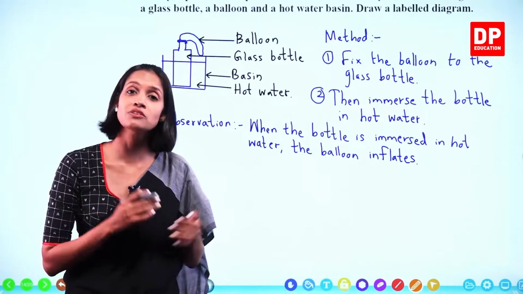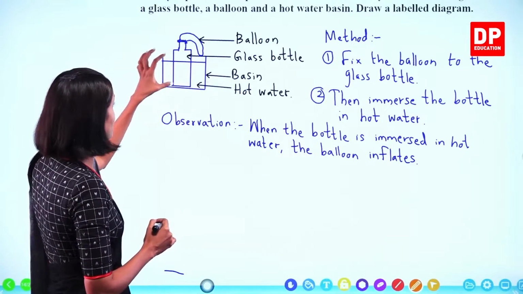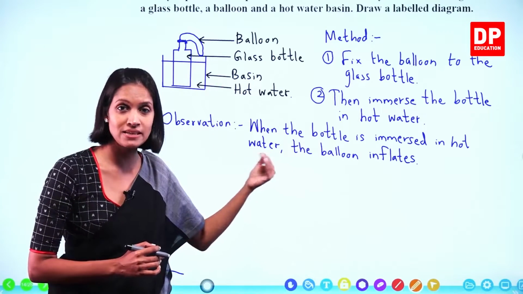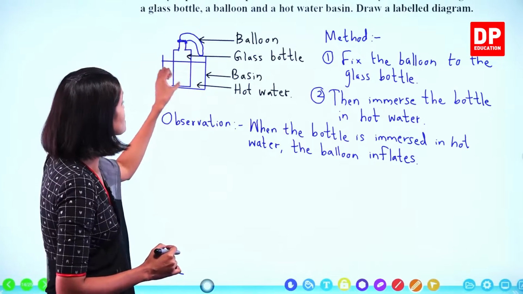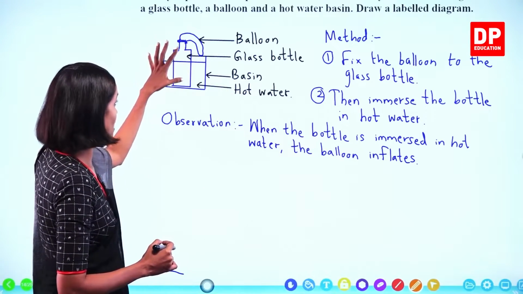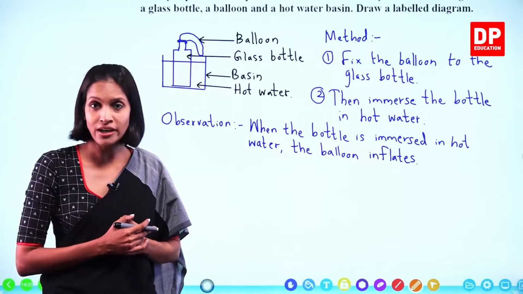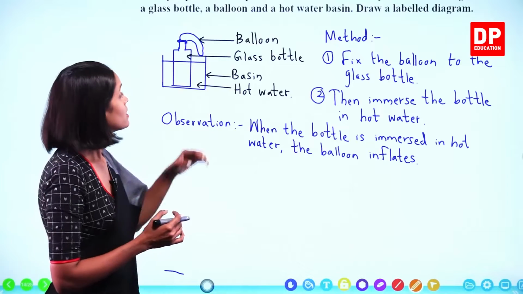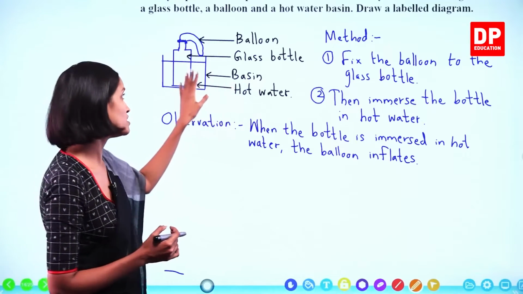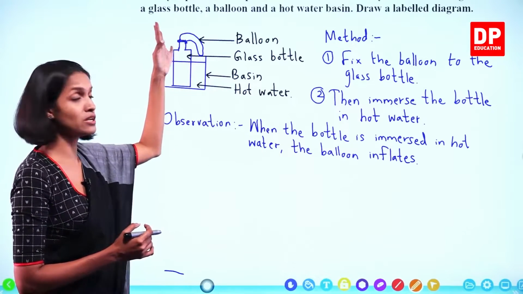This increased amount of air goes into the balloon and that's why the balloon inflates. So this whole process is a type of work, right? Inflating the balloon because of expansion of gas in the bottle is a type of work. How did it do this work, children? Because of heat. Just imagine if hot water was not there, will we be able to get the balloon inflated?